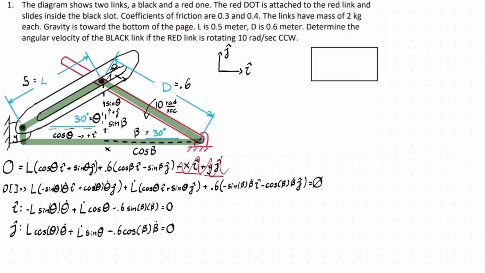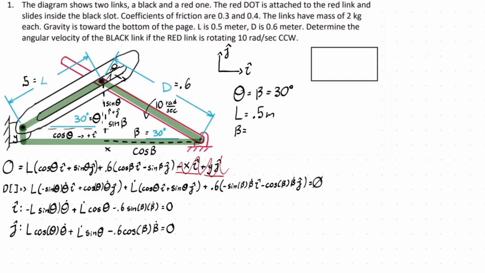So let's see, what do I actually know? I can figure out what variables I need to solve for. I know my beta; it was given as 30. And this is also equal to my theta, so theta and beta are both 30. I also know my L. At this moment in time, even though we said it's changing, it's 0.5, so we can use that. And I know my beta dot, because it told me the angular velocity of this red thing, which is related to that beta angle.